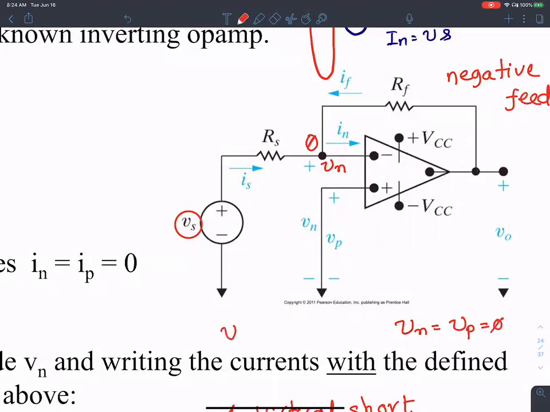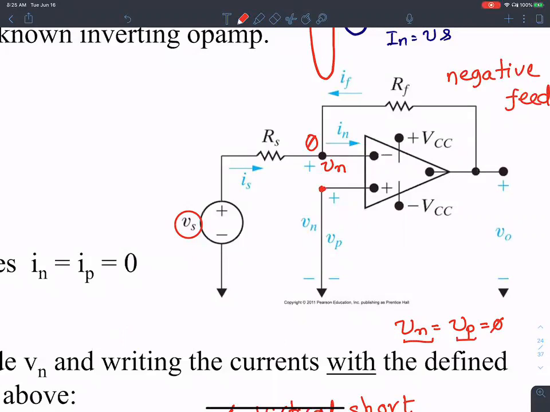In the last equation I showed Vn as V input negative and V positive as V input positive, but for the change in names, they're still the same. Both of them should be connected to ground.